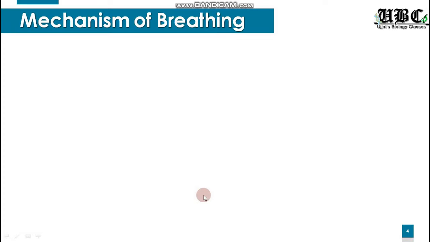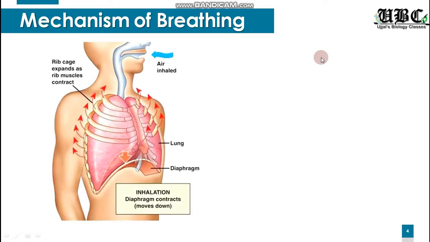Going to the next slide, let us first see the mechanism of breathing. We know that breathing is a physical exercise which consists of the inhalation of air and the exhalation of air. First, let us take a look at the process of inhalation.